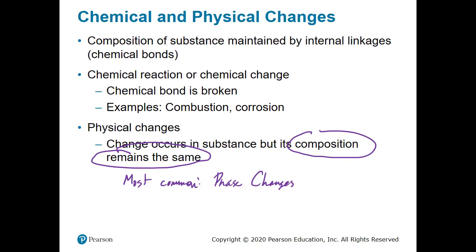Other kinds of physical changes are simple ones. I take a piece of paper and I rip it in half. It's a physical change. I have changed the form of this paper. But compositionally, all the molecules that are in this paper are exactly the same as they were before.